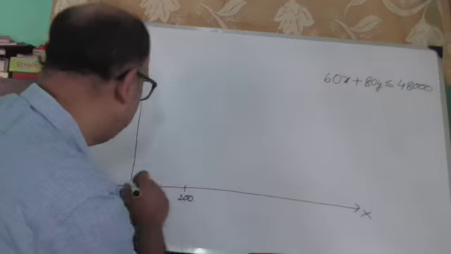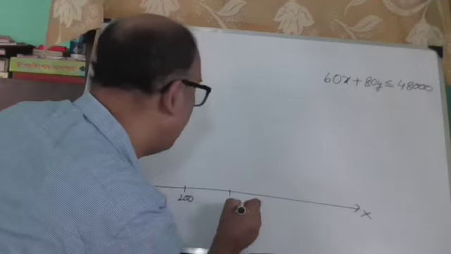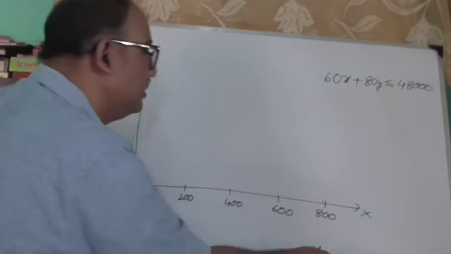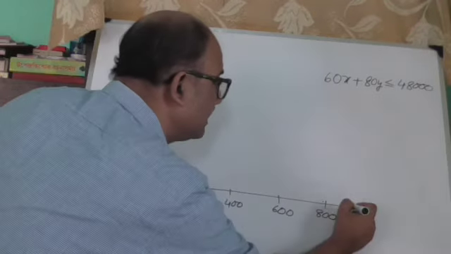We'll take this length as 200, then 400. I'm trying to use eye estimation over here, but for a better drawing, do not use eye estimation.